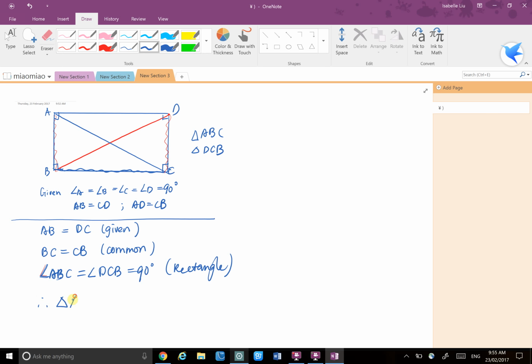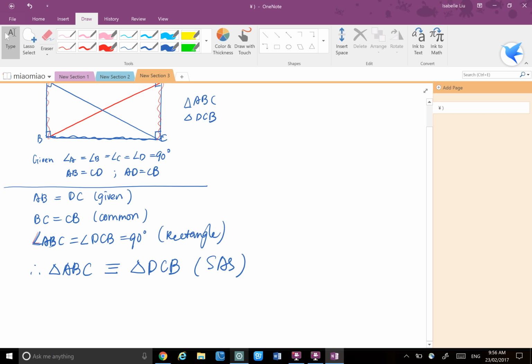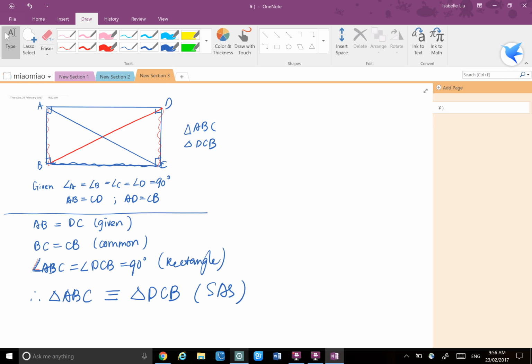So triangle ABC is congruent to triangle DCB because of SAS. You have SAS because AB and DC, the base, and the included angle. A and D are corresponding pairs.